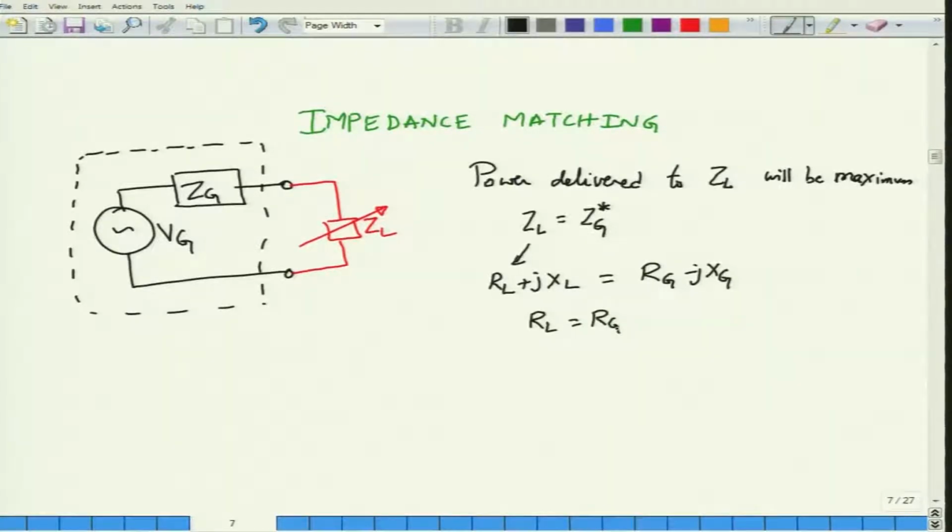This is not very surprising because this is the same case you obtain when the load as well as the internal impedance are both real quantities. That is, if both Zg and ZL consist only of resistances, then maximum power can be transferred to the load when RL is equal to Rg. In terms of the reactances, when the load becomes complex, XL must be equal to minus Xg.